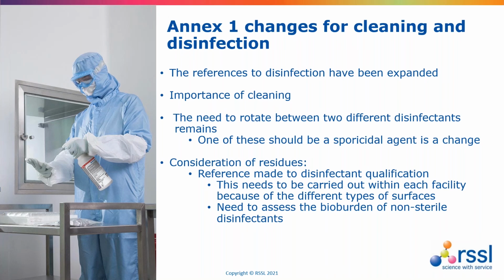There's also a requirement to be mindful of residues, and to understand whether any residues might interfere with the efficacy of the detergent or the next application of disinfectant. And also where we're using non-sterile disinfectants, we need to ensure that these have a degree of bioburden control as well, so not full of spores, for example.